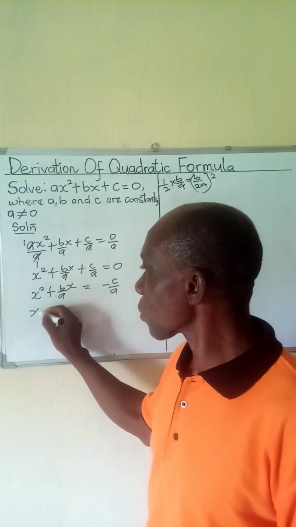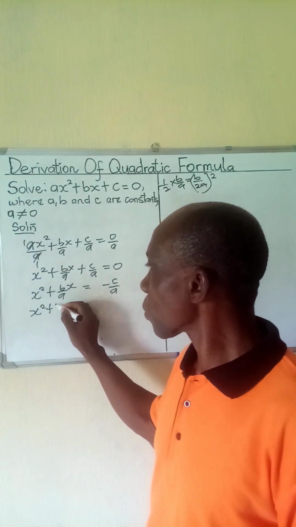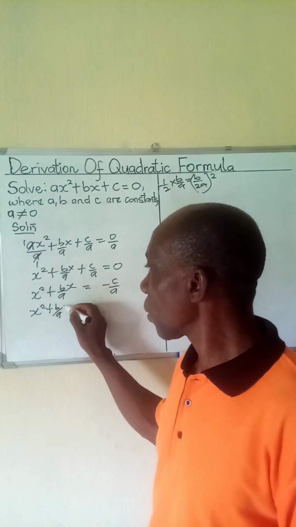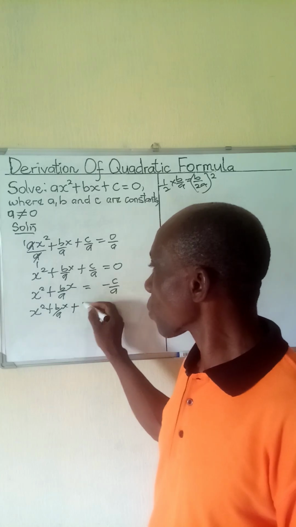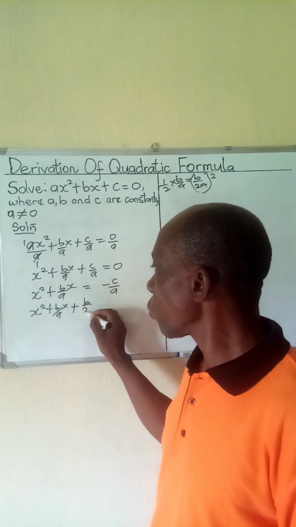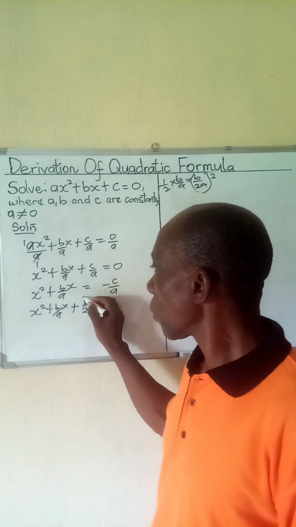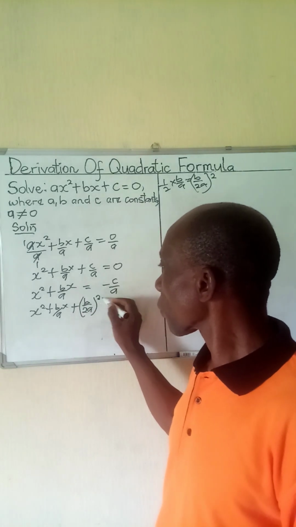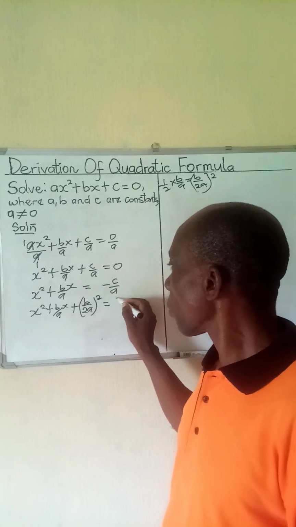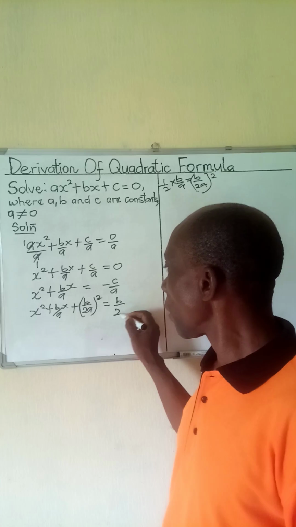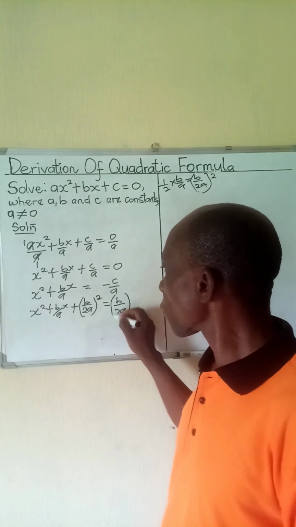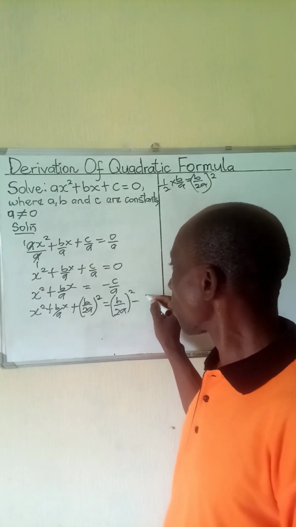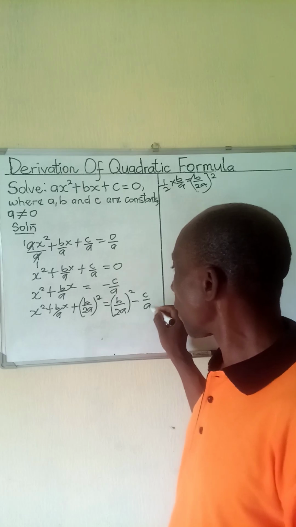So we have x squared plus b over a x plus b over 2a, we square it, equals b over 2a, we square it, minus c over a.